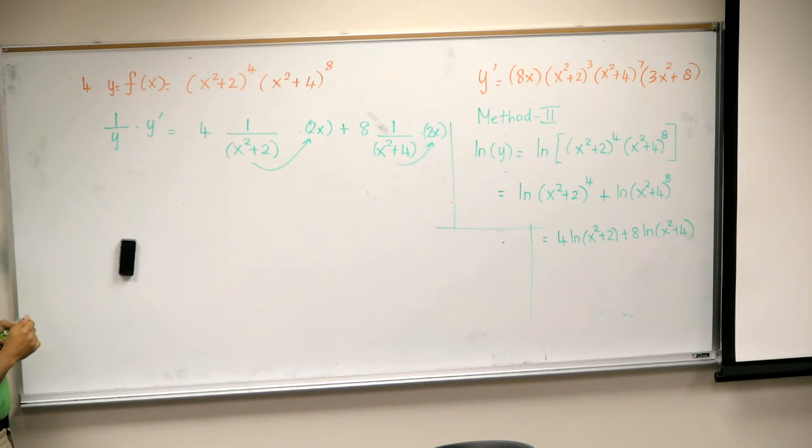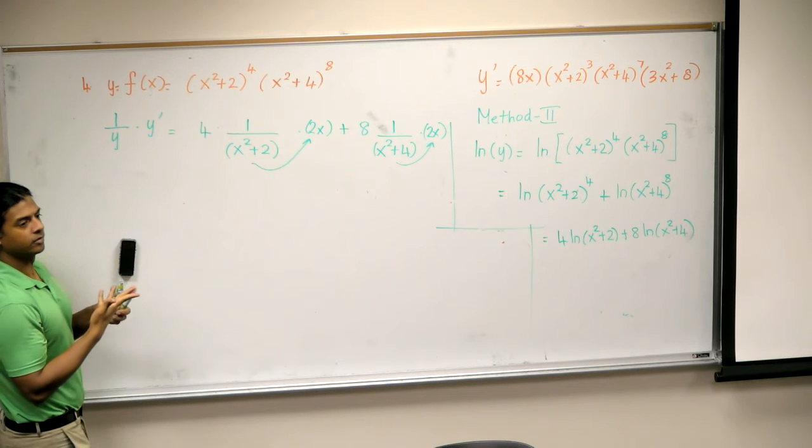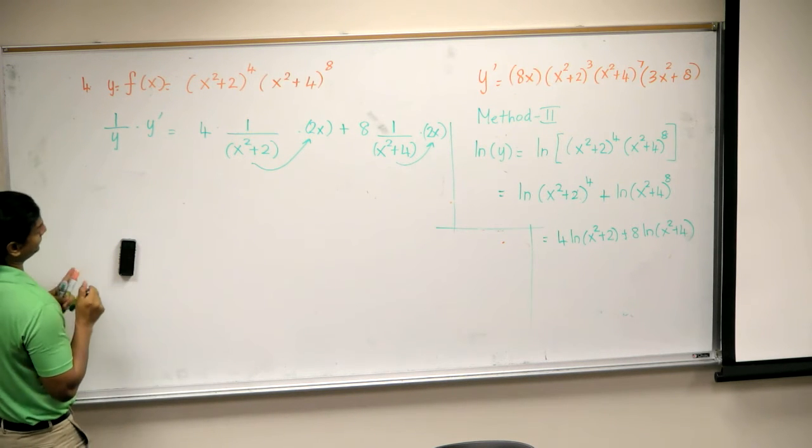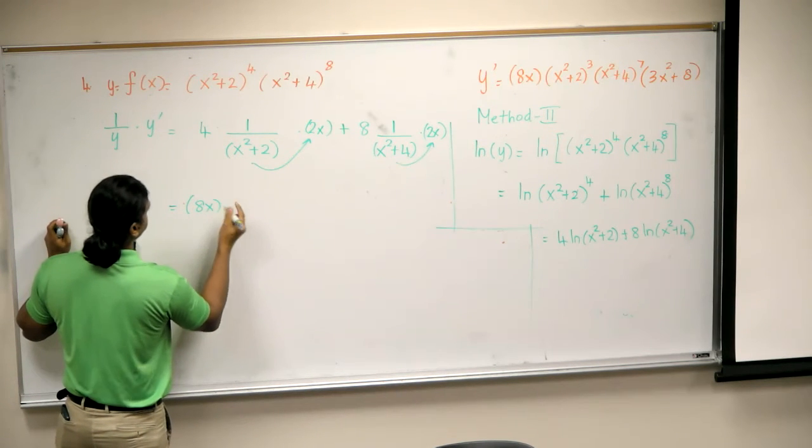What do I see in common between the two terms? 2x is in common, and 4 is in common. So all in all, I have 8 in common and x.